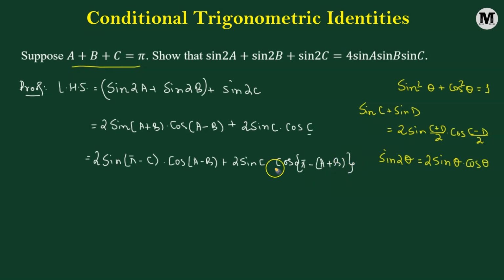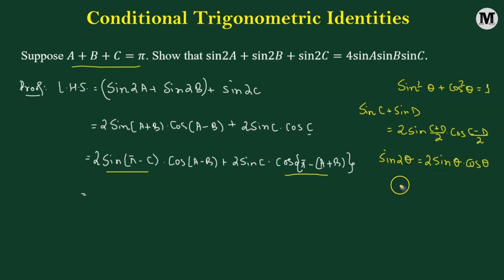Here we have used the condition that A plus B plus C equals pi. The reason we have written it this way is that 2 times sine of (pi minus C) is going to be simply sine C, and this is going to become negative cosine of (A plus B).